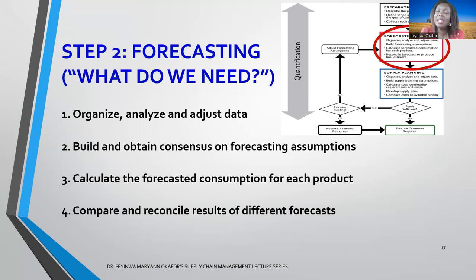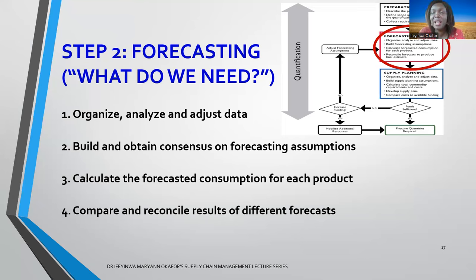And we said forecasting is you determining or estimating the quantities of goods that you will need to run a particular program over a specific period of time in the future. And we said the keyword there is quantities, and the goods should be used and in the future. Okay? So what do we really need during forecasting?